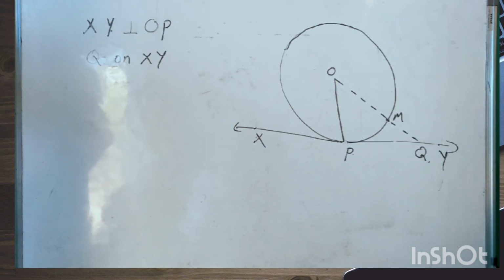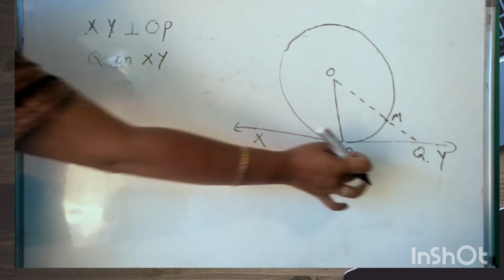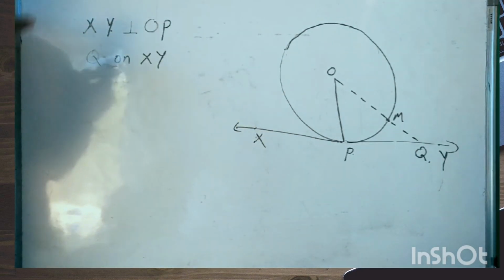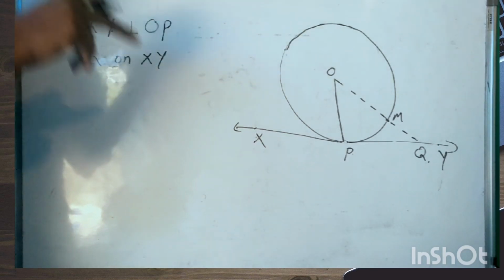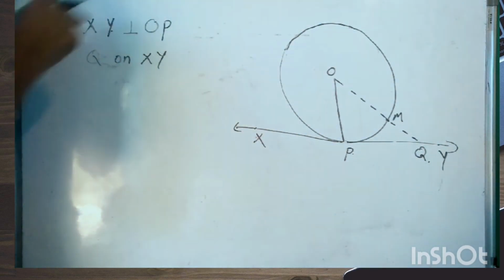If that point Q lies on the circle, what will happen? Is it possible? No, that is not possible. If this Q lies on the circle, then we will have two points which are common to our XY and circle.